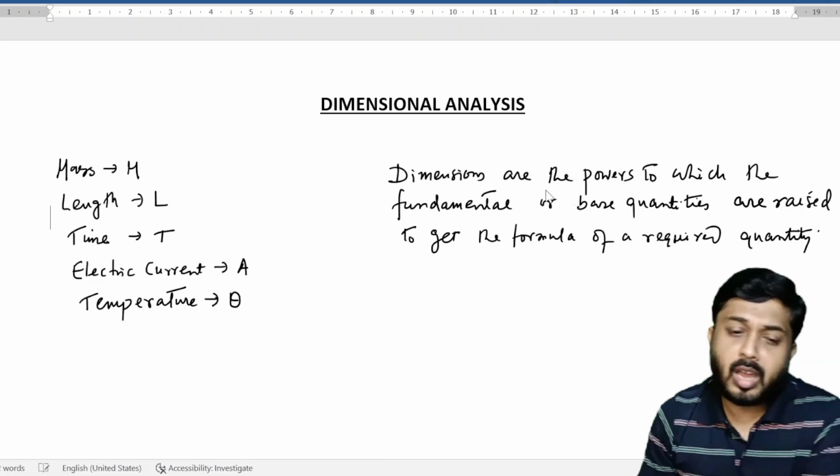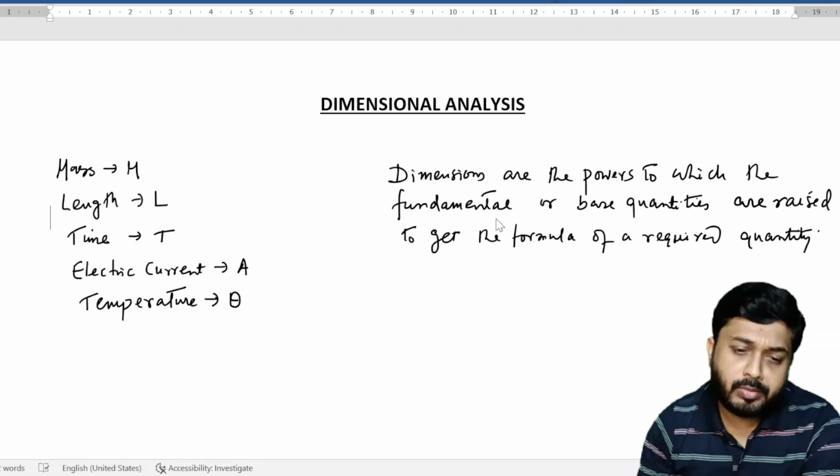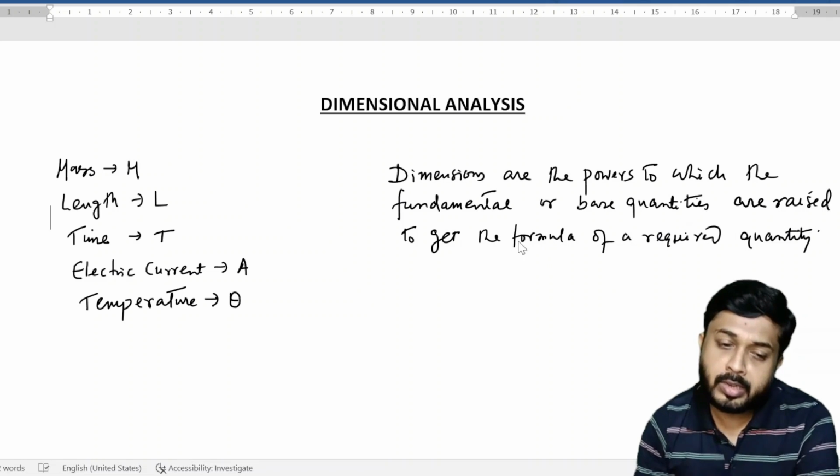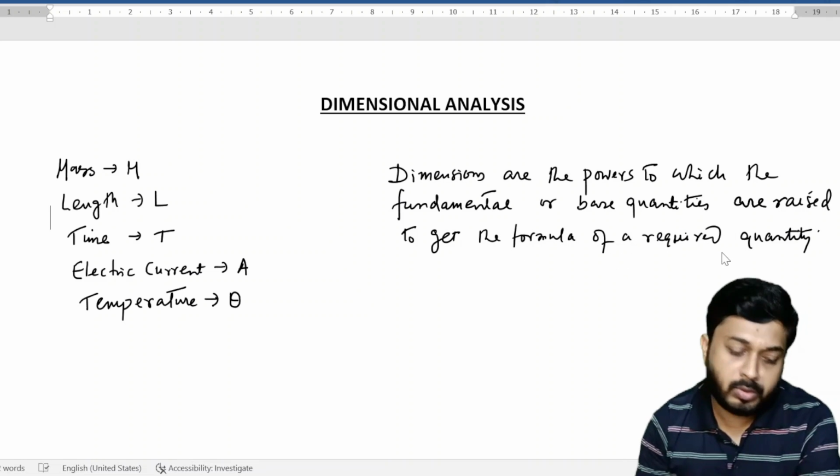Have you understood? Dimensions are the powers to which the fundamental or the base quantities are raised to get the formula of a required quantity.